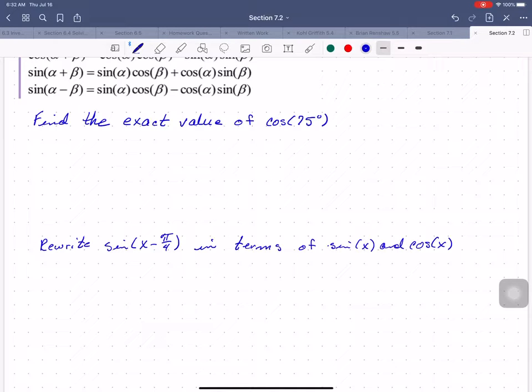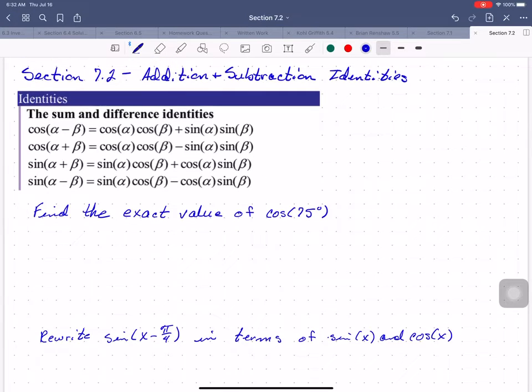So let's go ahead and talk about where these identities come from.